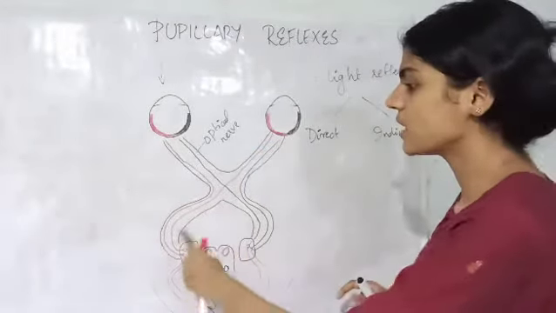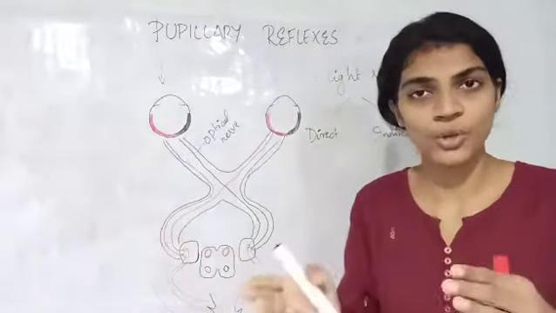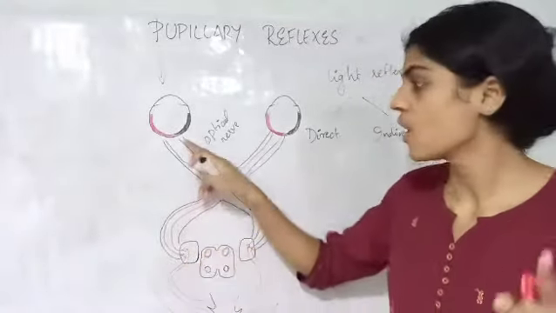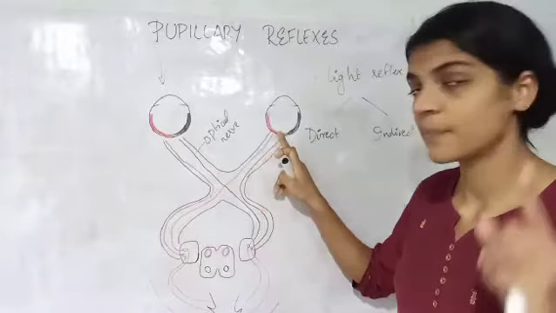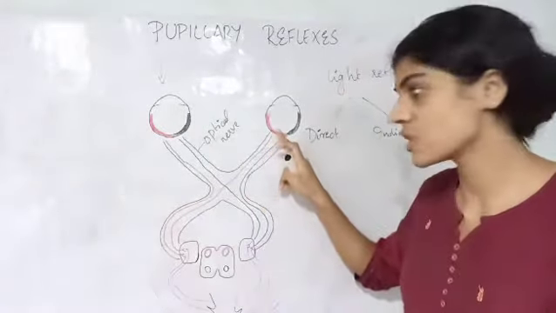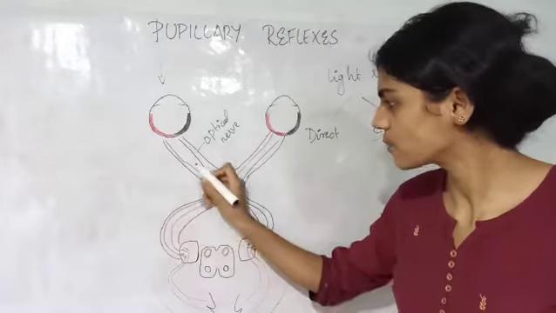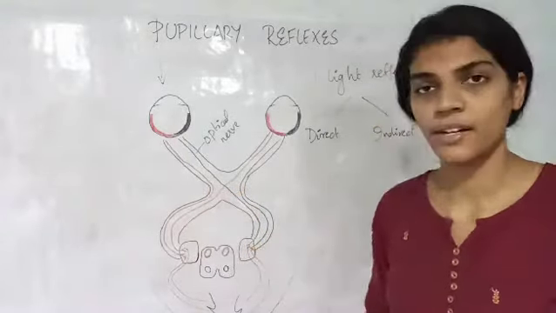Now one optic tract will have ipsilateral and contralateral nerve fibers. Ipsilateral means the nerve fibers on the same side. Contralateral means the nerve fibers coming from the opposite side.